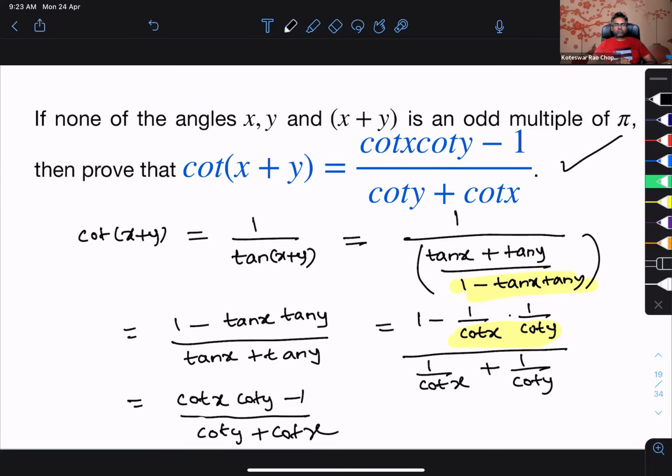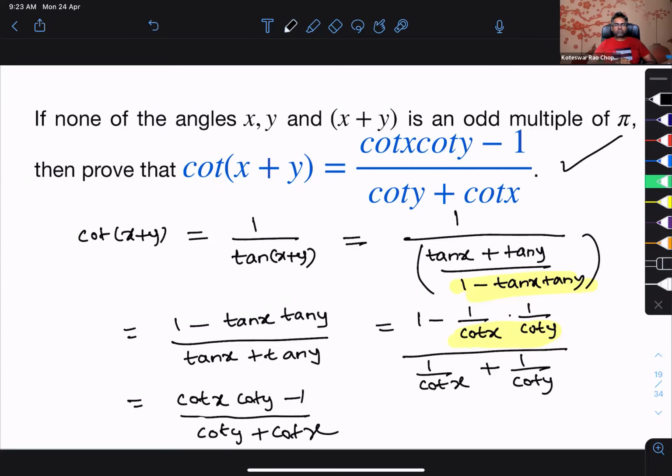So this cos square x is anyway there, minus 1 minus cos square x. If you do that, you will get this. But instead, let's say we eliminate cos square x. You could do that from here: cos square x is 1 minus sin square x. So eliminate that and write it here: cos square x is 1 minus sin square x, minus sin square x. So that will give you this result.